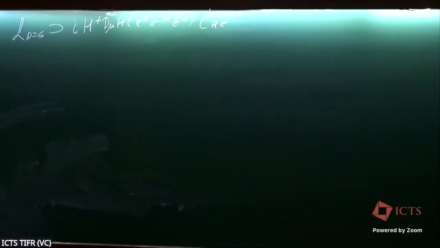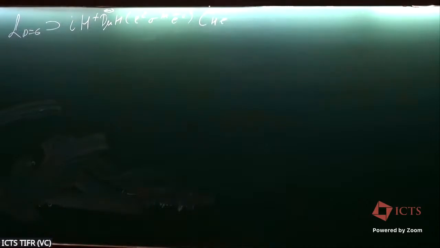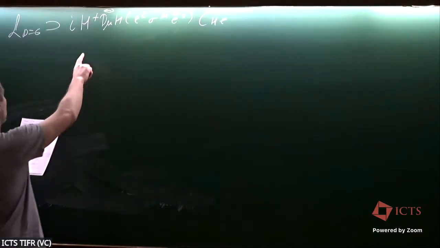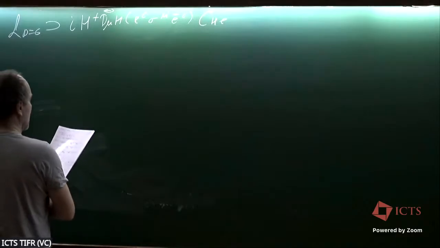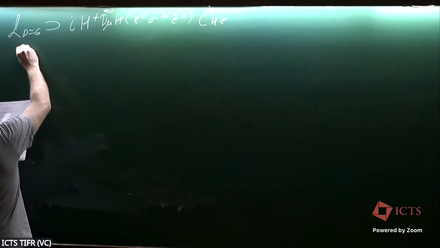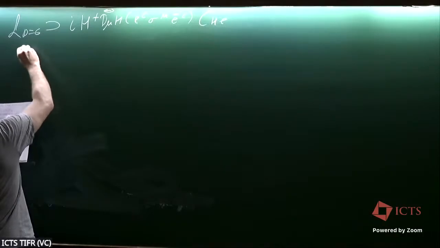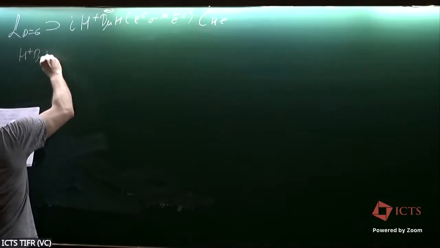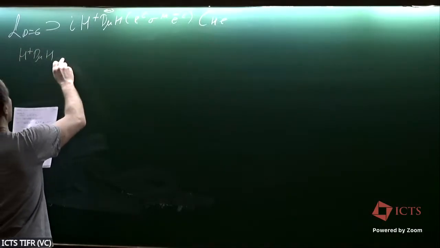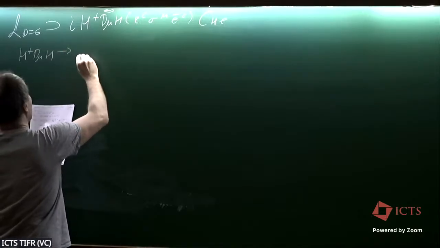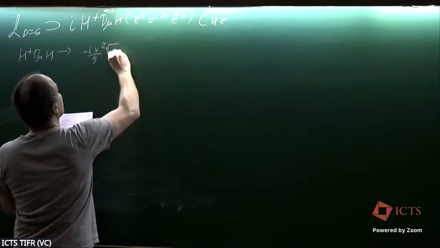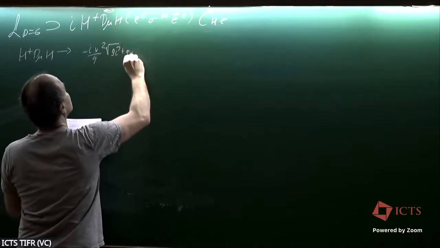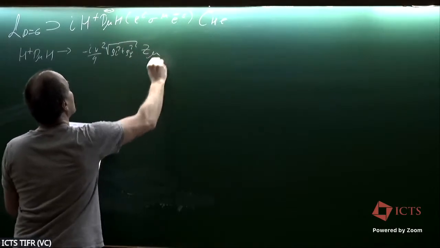So what will this operator do to us? You can show that H dagger D mu H, after you put in the Higgs vev, will give you minus i V squared over 4 square root of GL squared plus GY squared Z mu.